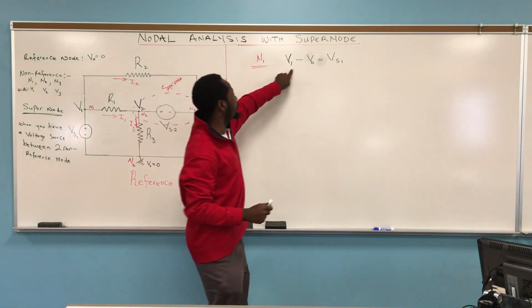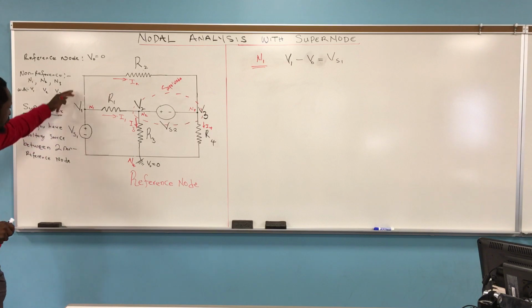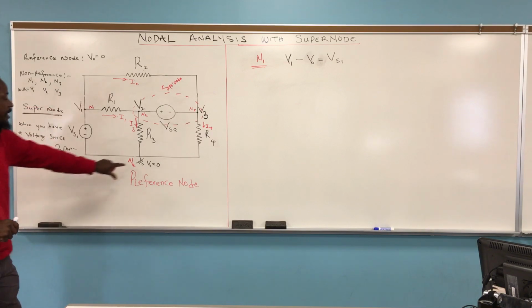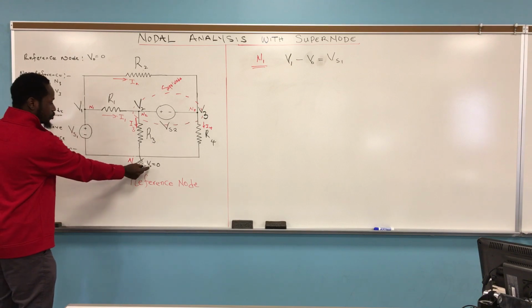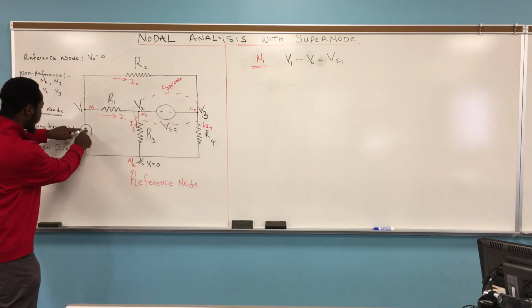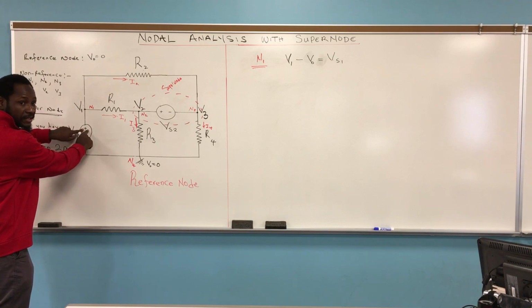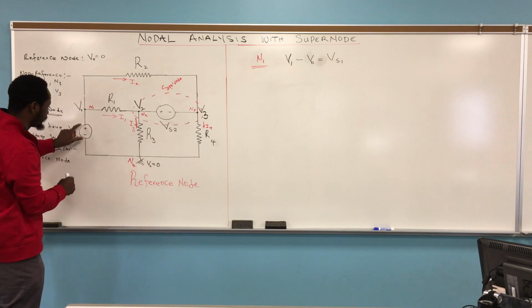It is V1 minus V0 because it is plus minus. So this potential up here is higher than this potential down here. If it is the reverse, I'll do V0 minus V1. Is that clear? I'm just looking at my sign. This potential is higher than this potential, so this minus this will give me this.